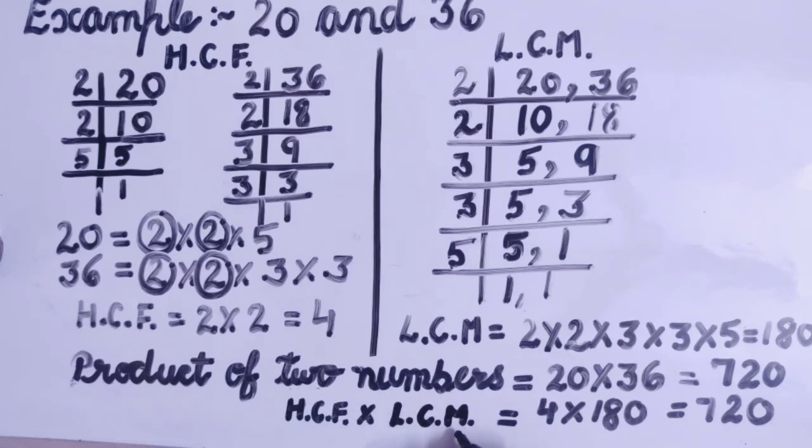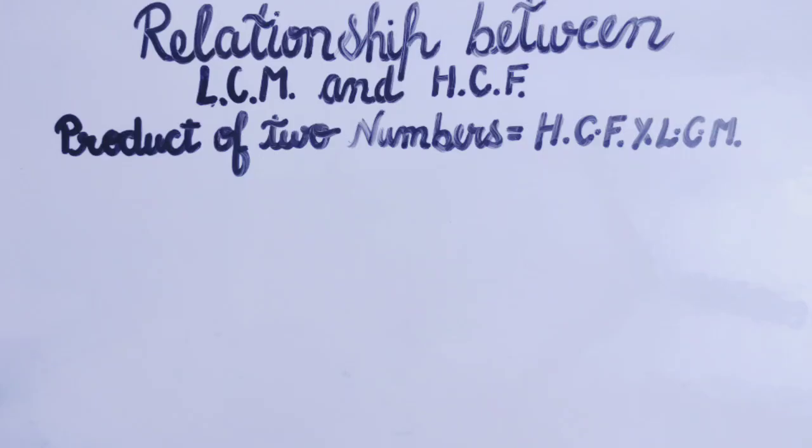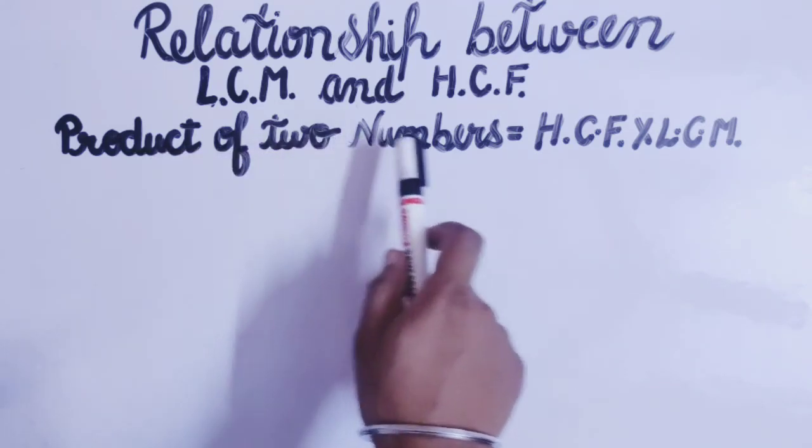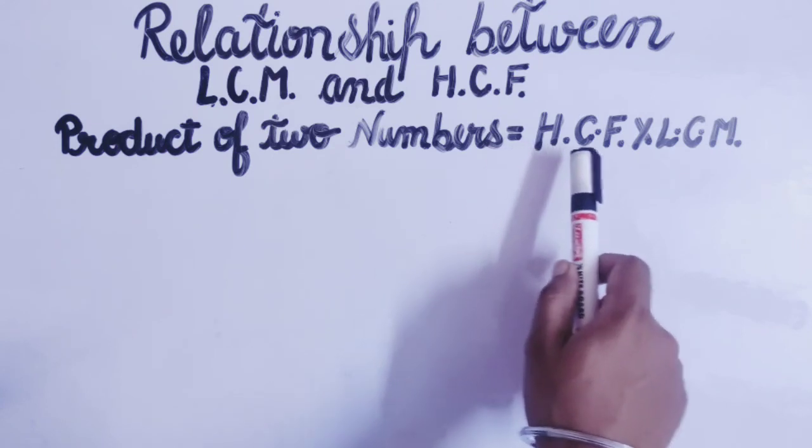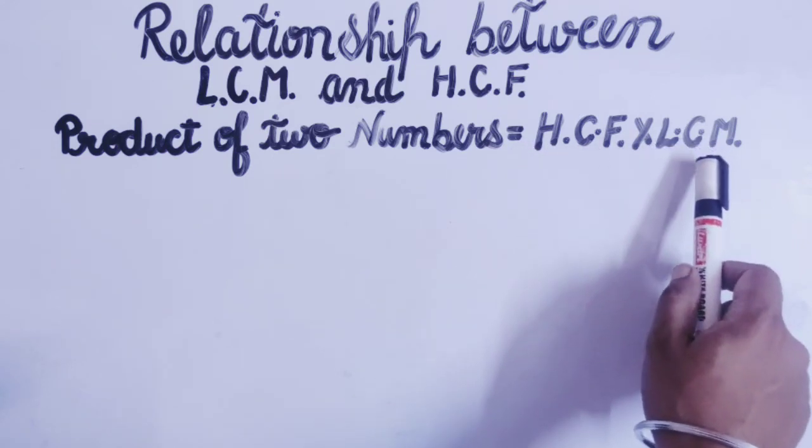This is the relation between HCF and LCM. So we must remember that the product of two numbers is equal to HCF multiply LCM.